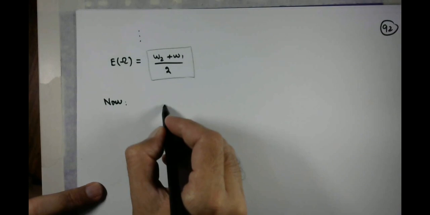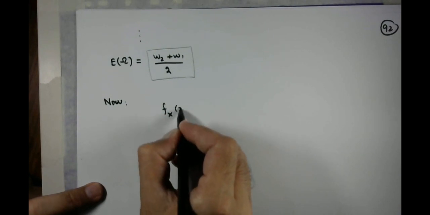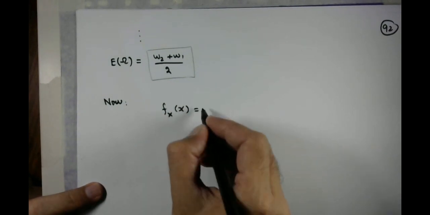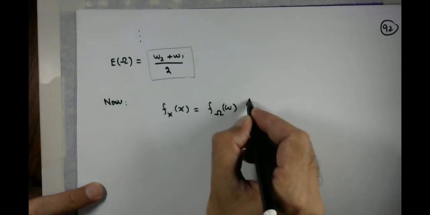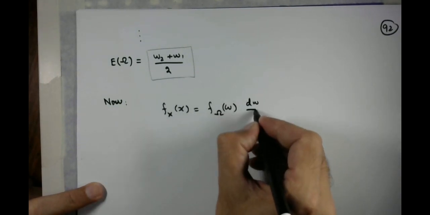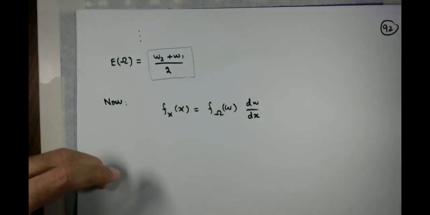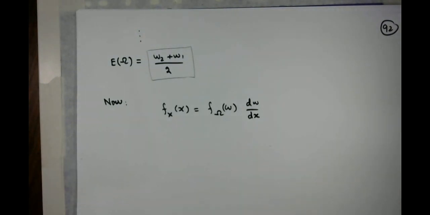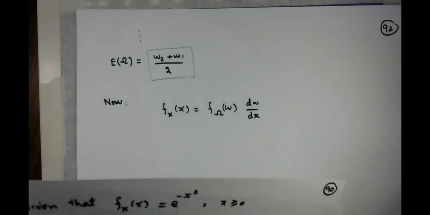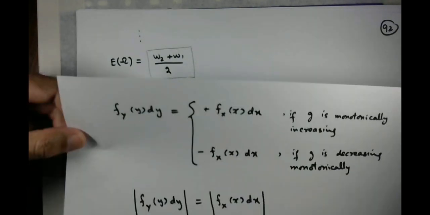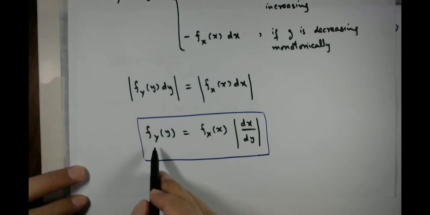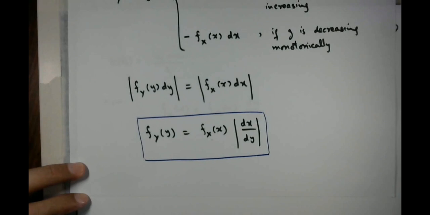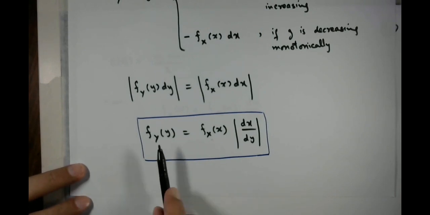So x and omega are related, as by definition, f sub x of x is equal to f sub omega of omega times d omega by dx. This should be simple to understand. If you recall, I had derived this relation of transformation between the two random variables.